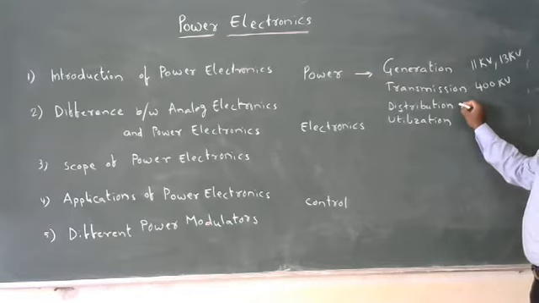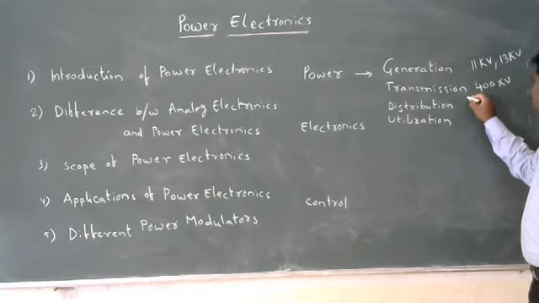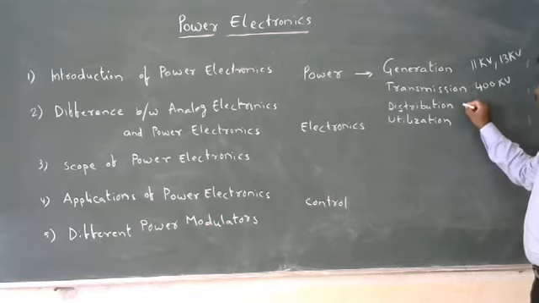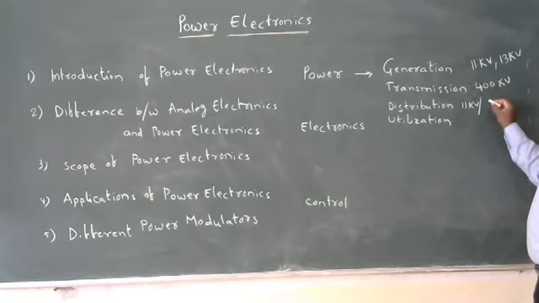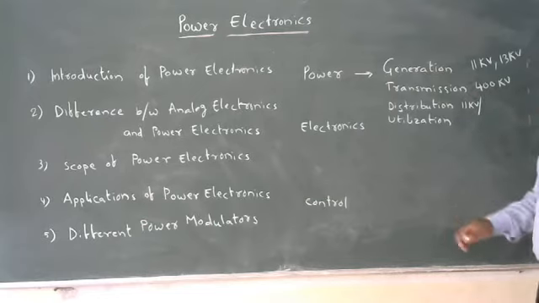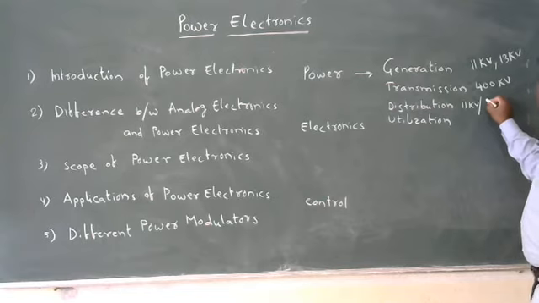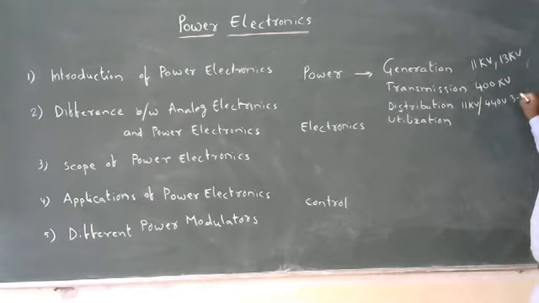After that, at the distribution centers, we reduce the voltage levels from 400 kV to 11 kV, and this 11 kV is further stepped down to 440 volt if it is 3 phase, or 220 volt if it is single phase.